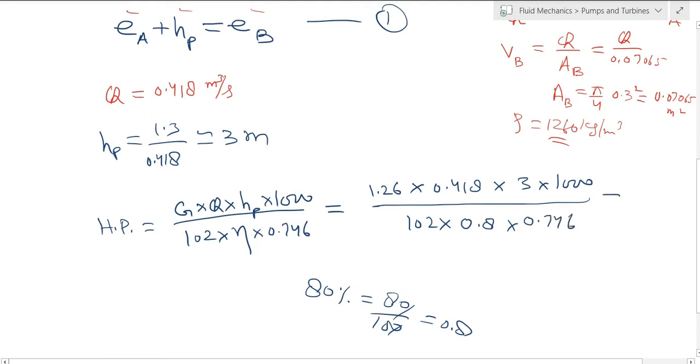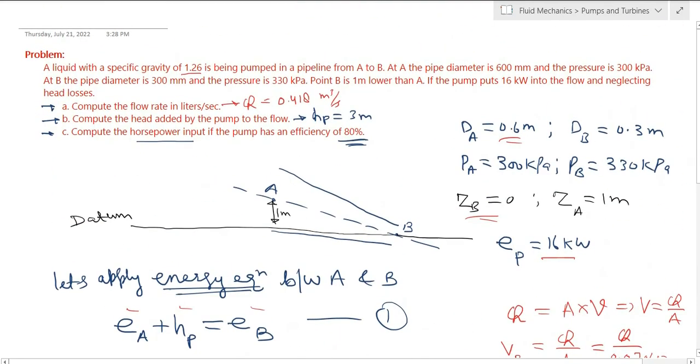Now when you solve this, you are going to get horsepower approximately 26.8 HP. So we get horsepower approximately 26.9 HP. So we solved all of these problems A, B and C.